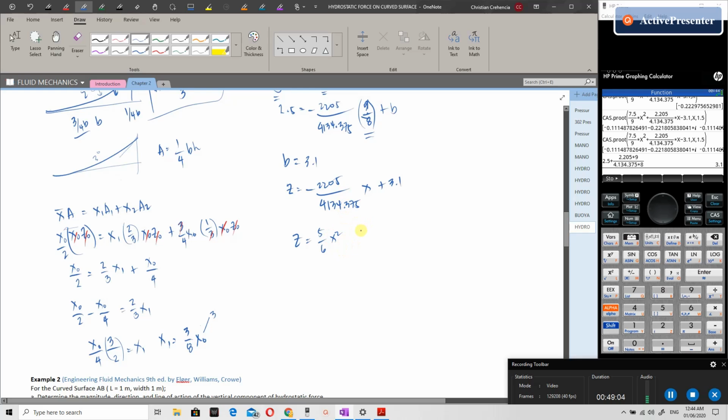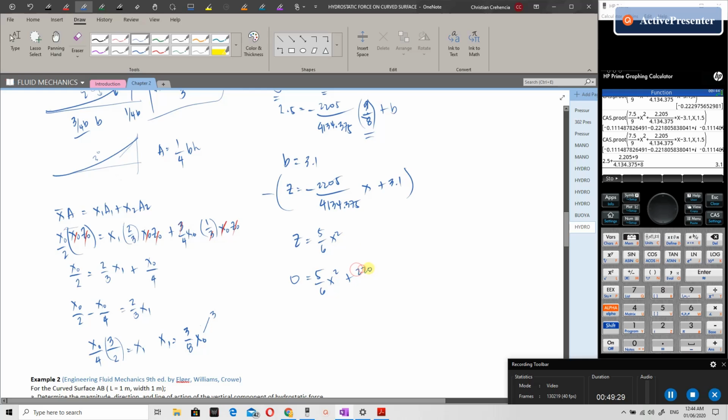So, dalawang equation. So, pwedeng i-subtract natin to. Okay. So, magka-cancel na ngayon yung z. Then, this will be 5 over 6x squared. So, magiging positive ngayon to.